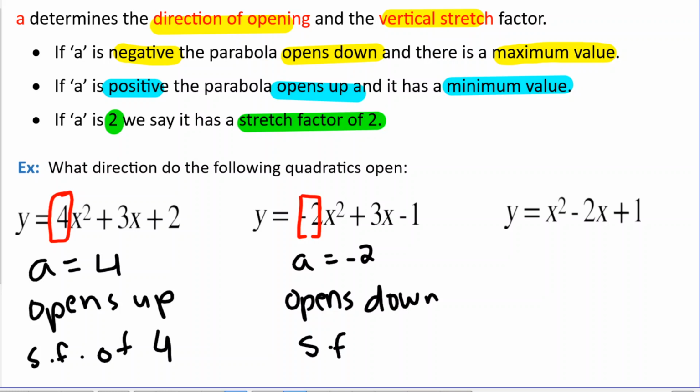We can still say that it has a stretch factor of just 2 because the negative already told us it actually flips upside down. And then in the last one, our A value is +1. So again, because it's positive, it opens up. When we talk about stretch factor, we're saying how many times are we multiplying it by? Well, in this case, we don't really have a stretch factor because our value is 1. We multiply something by 1, it doesn't change.